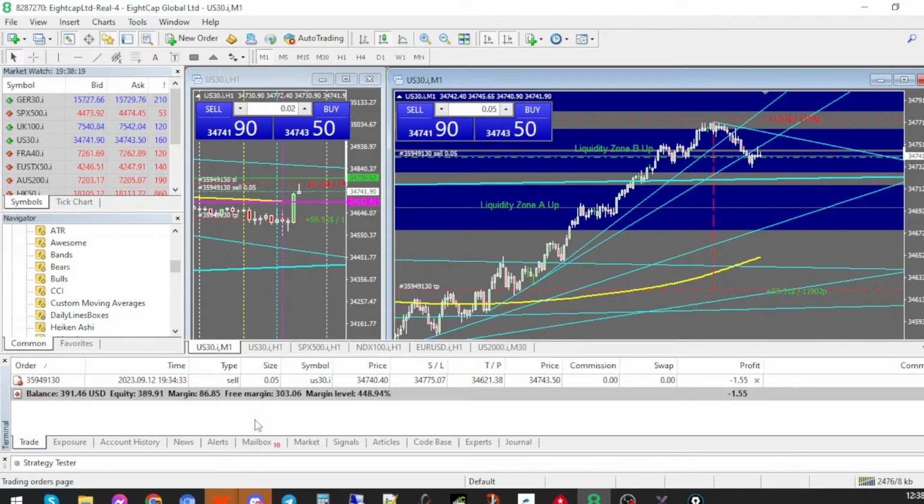And it also trades the most volatile part of the day, which is 8:30 to 9 and 9:30 to 10. So that's the only times that it trades. You could set it to trade anytime you want, but that's the time that I have set it to trade for that particular auto trading approach.